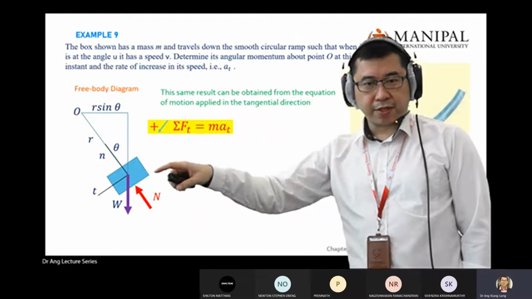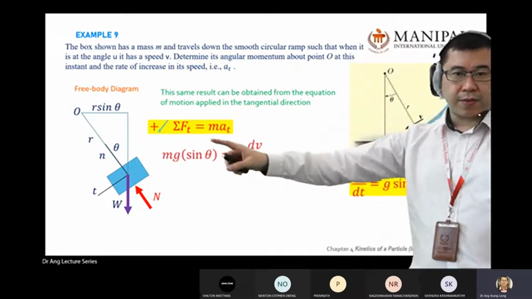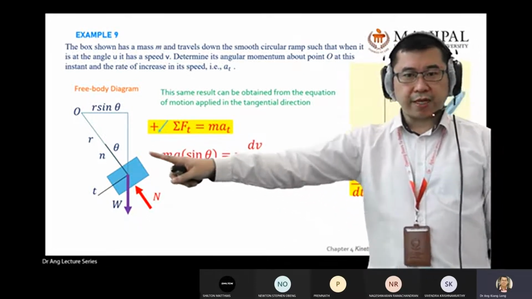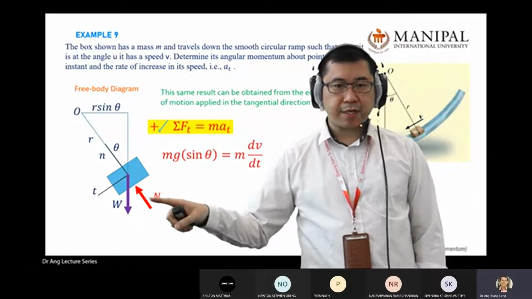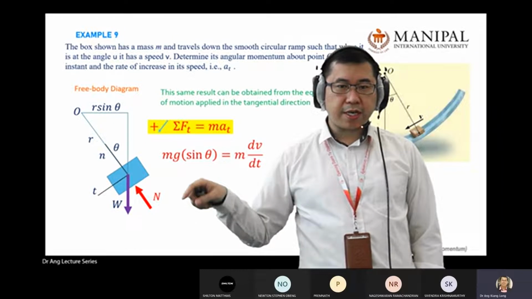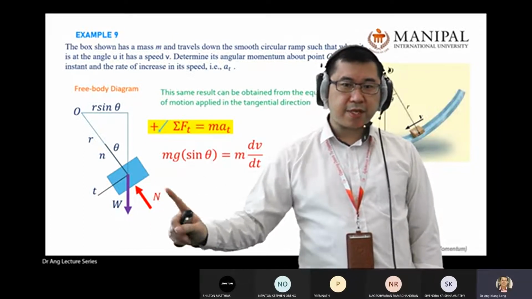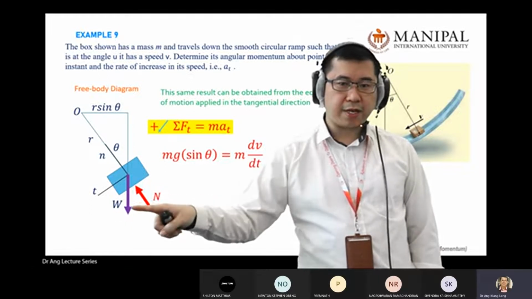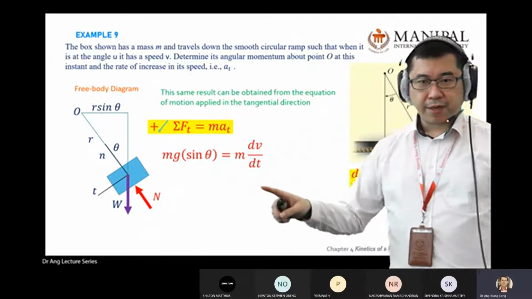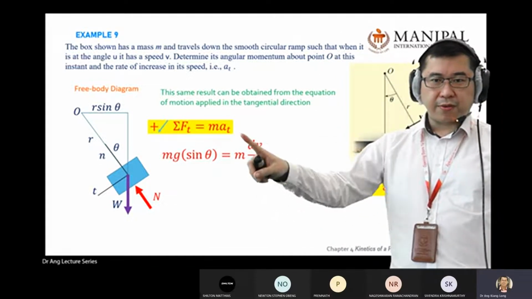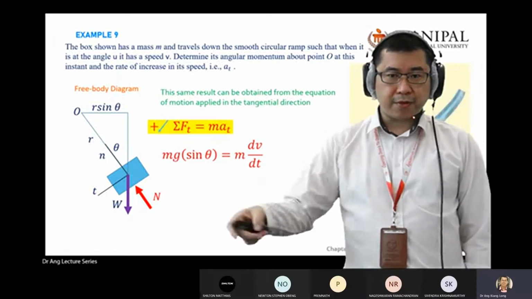So what are the total forces inside this free body diagram? All the force in t direction, this one don't have. This one is in n direction. So you split your W in t direction, you get W sine theta equal to ma, a equal to dv dt, cancel m, you get the same answer.